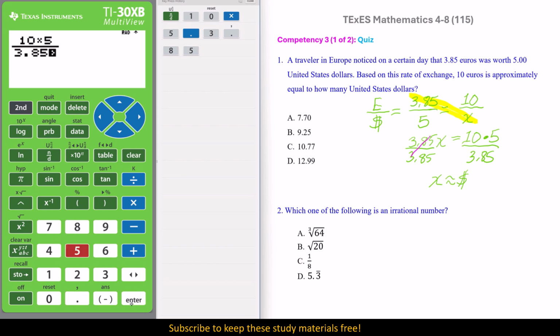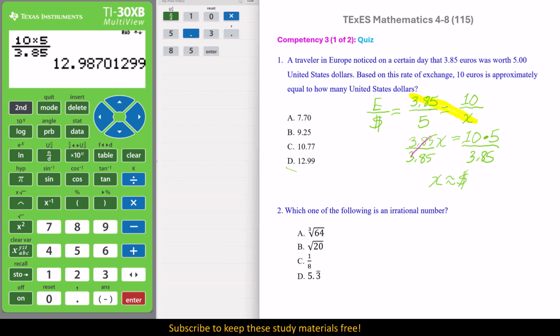Now, you may have noticed that I didn't do any of the multiplication in my head. And if you've watched other videos with me during a test, that's probably not the wisest thing. You get tired. And we round that, and that gives us option D. Okay? All right, let's go to number 2.